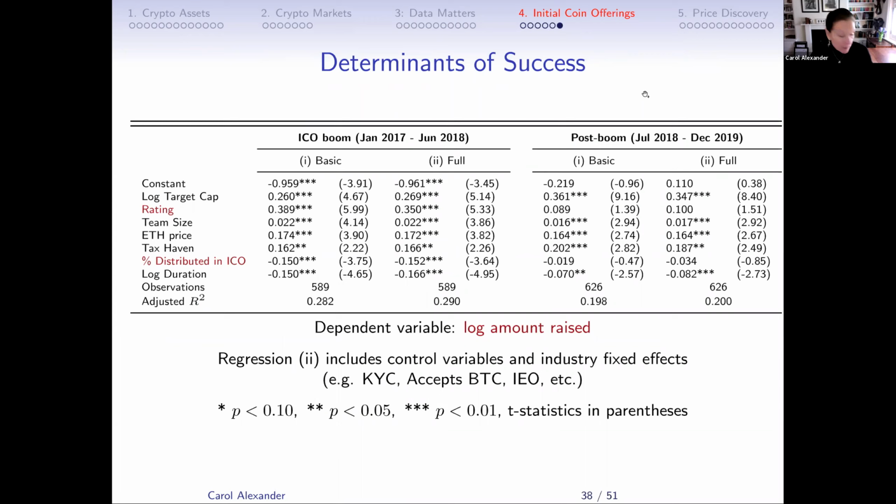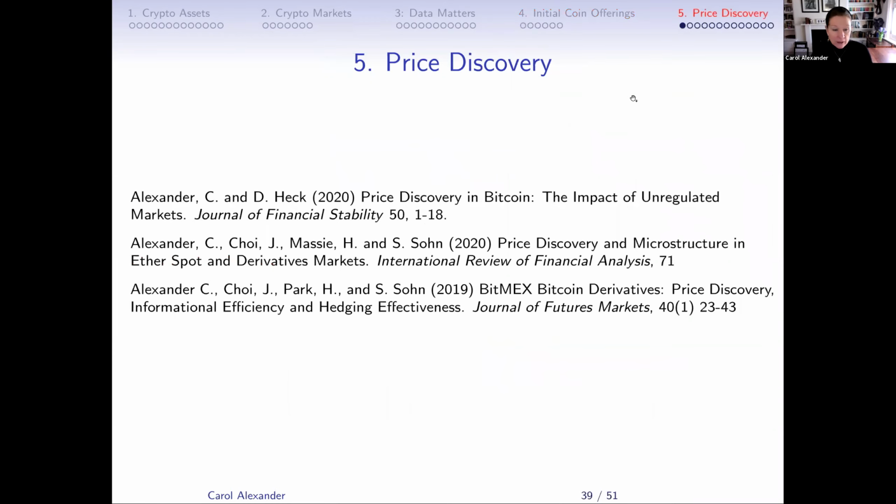The paper is not even public yet, but I can send early copies because it includes lots of other results about the post-ICO success and the probability of actually hitting the soft cap, because if you don't hit the soft cap, it's not even counted as a coin because the whole thing is cancelled. Anyway, so that's some of the results that we have in the paper.